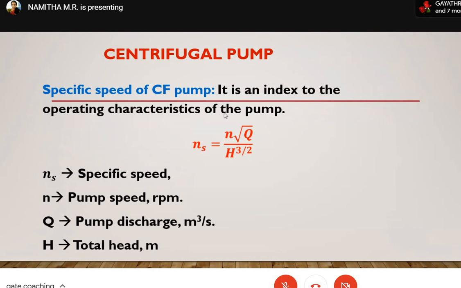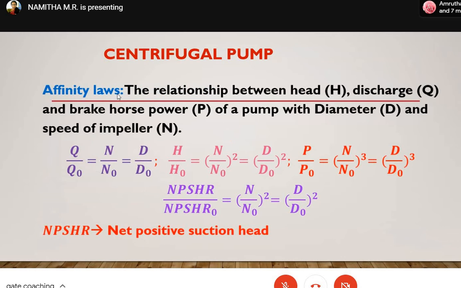The equation for calculating specific speed is N into root Q divided by H raised to 3/2, where Q is the pump discharge, H is the total head, and N is the speed of the pump. When this value is higher, the efficiency of the pump will be maximum at higher specific speed. Okay, that is the indication. So this is another important term.